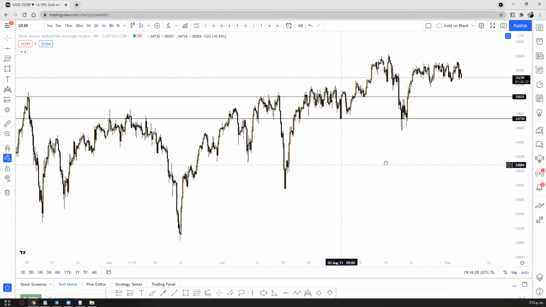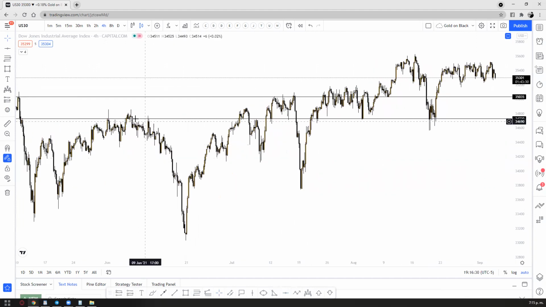Take a look. The price is reacting to this zone. Boom, boom, boom, reacting. It broke, it retested, pushed up, then it broke, retested again. It broke, retested, broke up, retested.